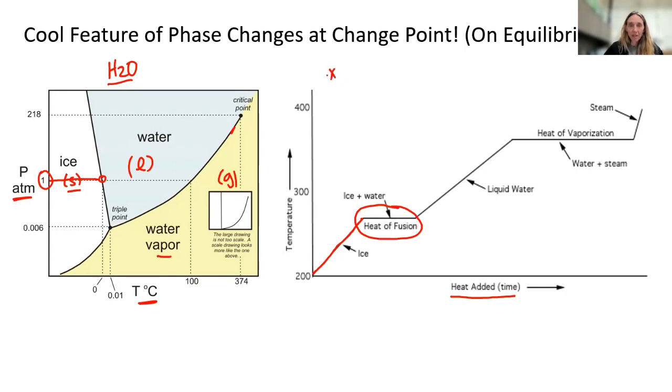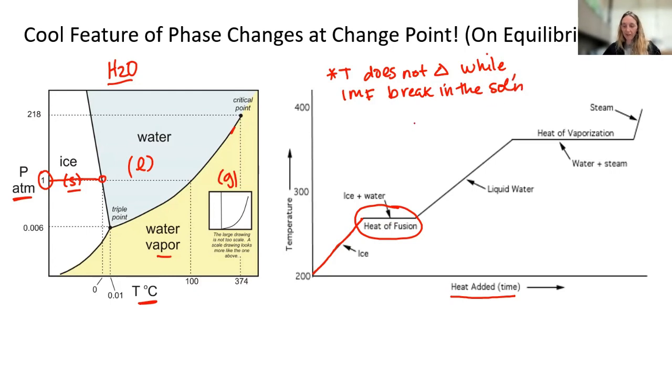Okay, so I'll write that up here. Temperature does not change. So that little triangle is change, while the intermolecular forces break in the solution, okay, or in the substance.